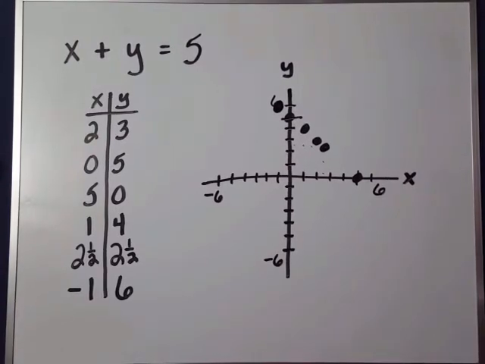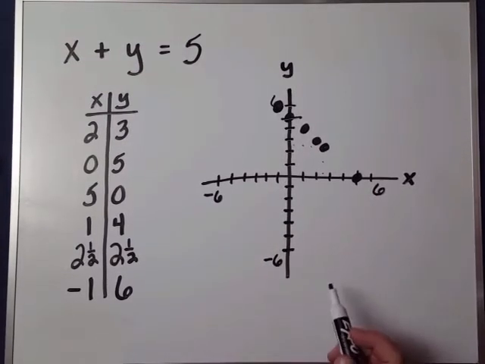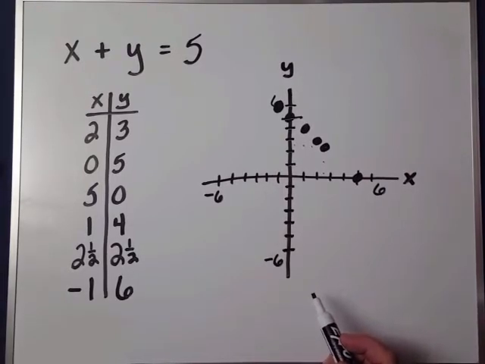And if we have a nice, neat graph, what we should notice is that all of these points lie on the same straight line. In fact, here at the beginning of the section, page 212, toward the bottom, the brown box tells me that the graph of a linear equation in two variables is a straight line.